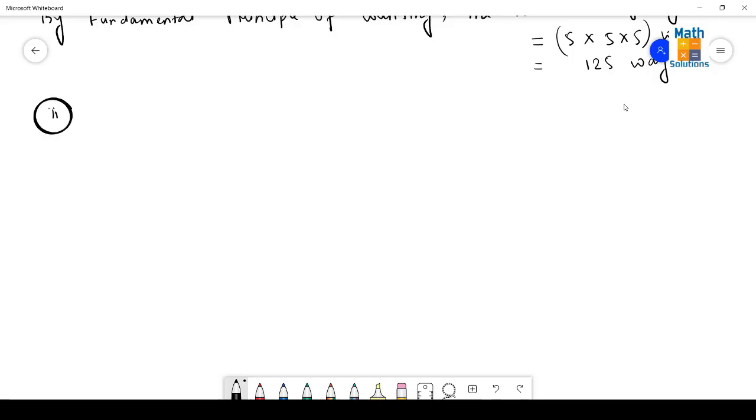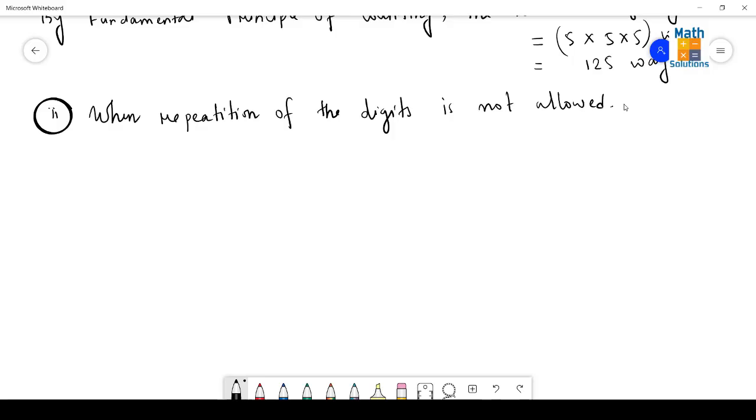So here we have to write, when repetition of the digits is not allowed. So this is the second part of this question.